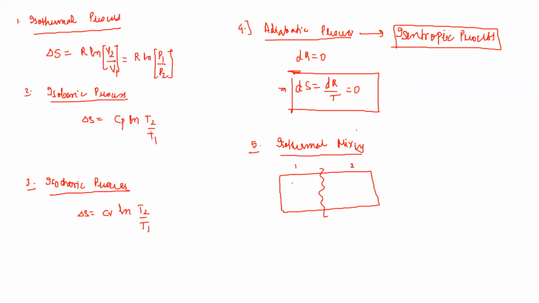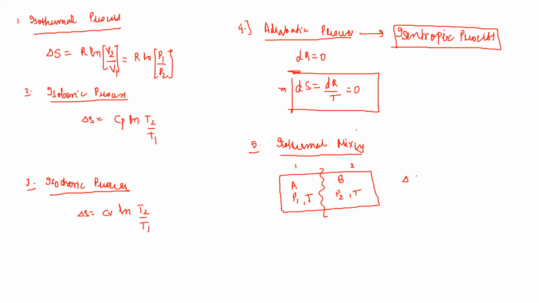Chamber 1 contains gas A with pressure P1 and temperature, let's say T. And the second chamber contains gas B, pressure P2 and same temperature T. So when this separation is removed, these two gases are going to be mixed. And since the temperature is the same, they are going to be mixed isothermally, right?